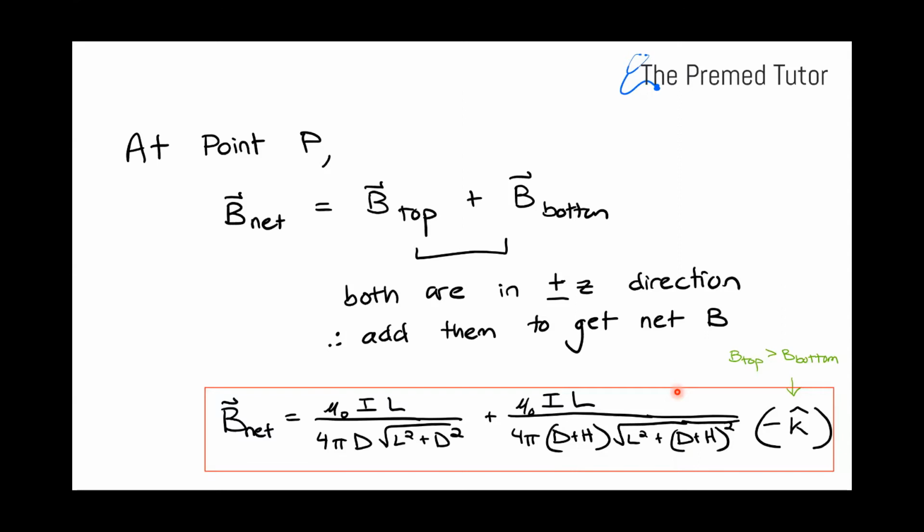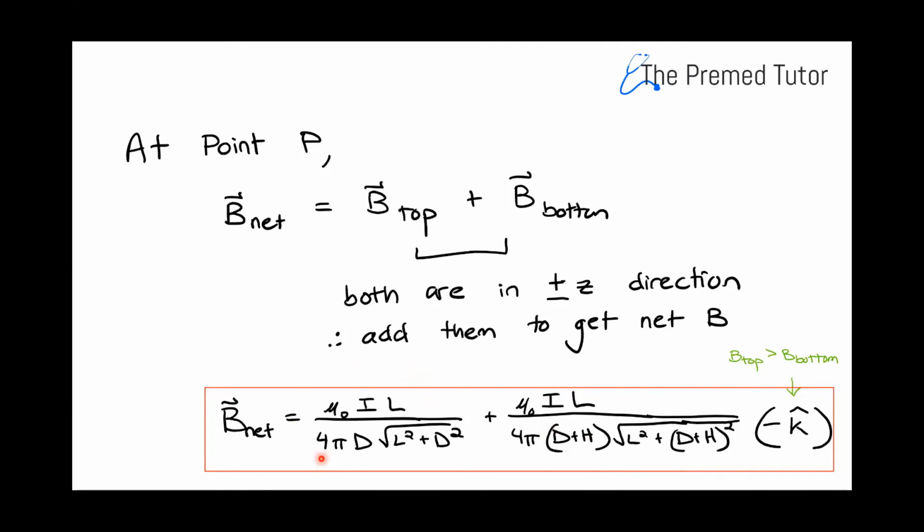Now you might think, okay, we worked entirely in variables. Can we say for sure what's the direction of the net magnetic field? Well, yes, we can, because let's compare these two fractions. They're essentially the same except for certain terms in the denominator. So here you have a d and a d squared. Here you have a d plus h and another d plus h squared. The bigger your denominator is, the smaller your overall value is, which means that this term is smaller than this term.